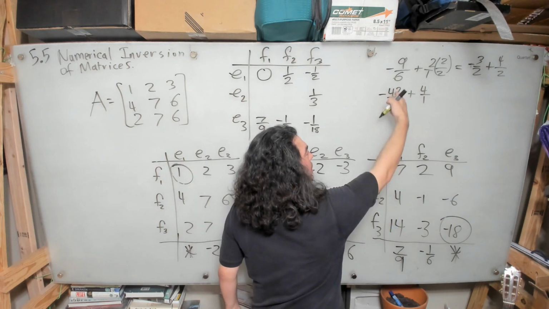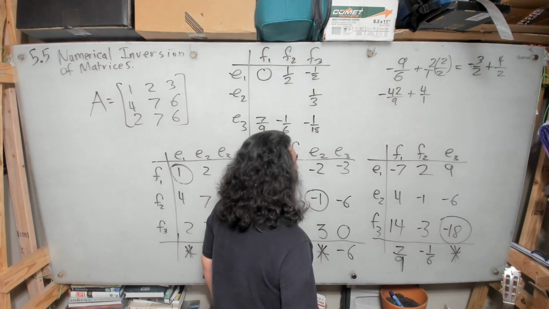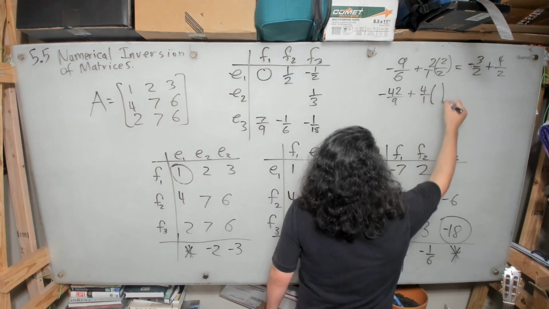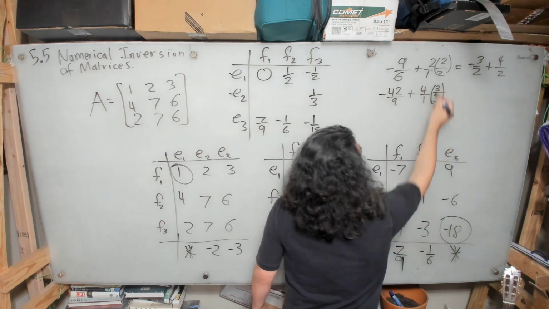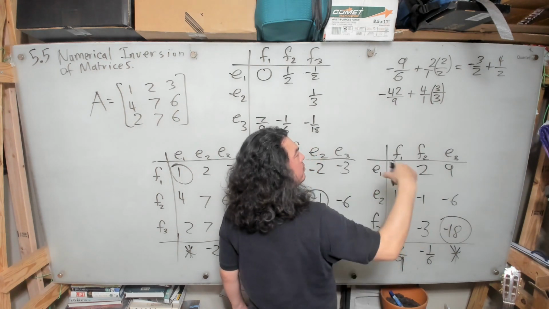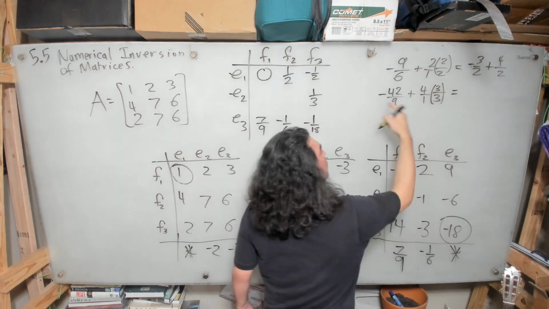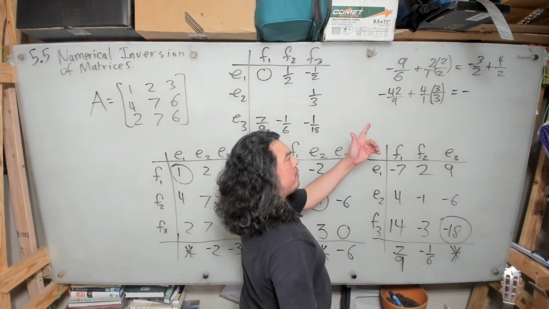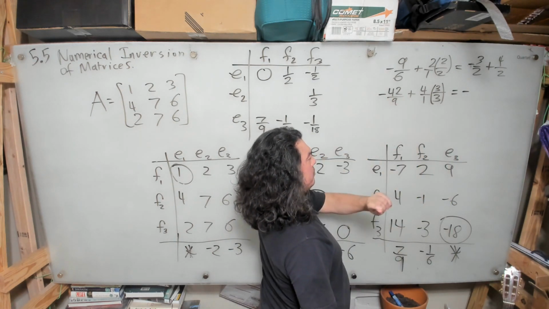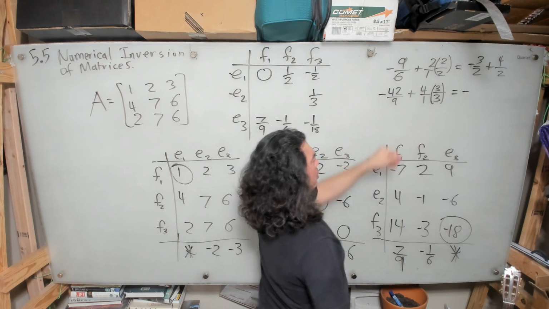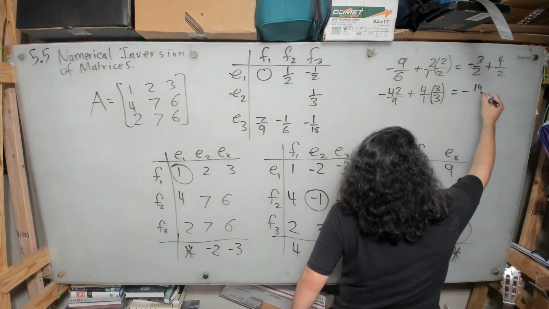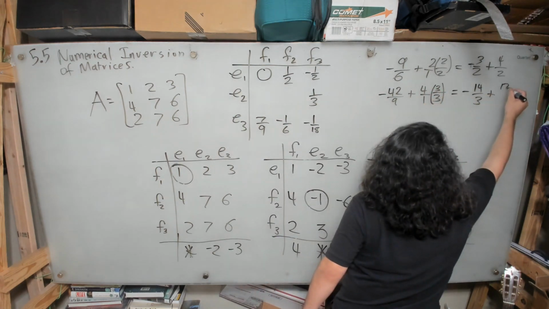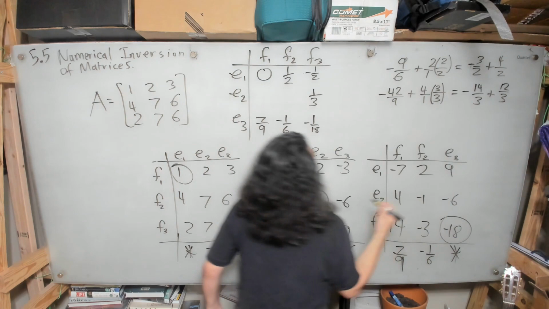Now, you can see that this can be divided by 3, and so we're going to end up with a 3 on the bottom. So I'm just going to preemptively multiply this one with a 3 on top and bottom. So this is going to be negative on top. What's 42 divided by 3? That's going to be 14. So it'll be negative 14/3, and then plus 4 times 3, that's 12/3. So it'll be negative 2/3.